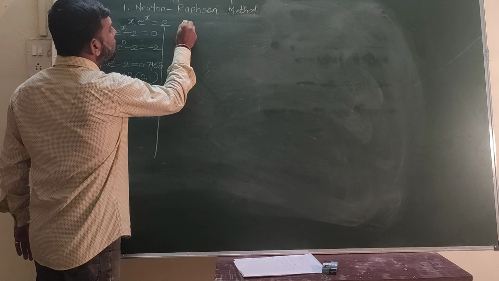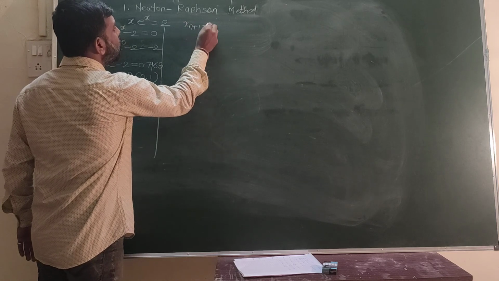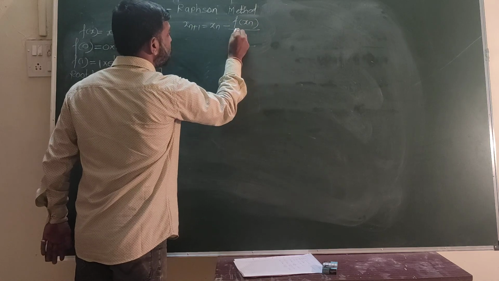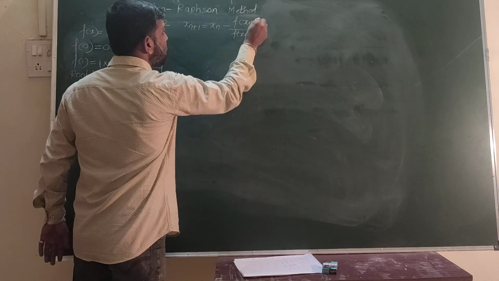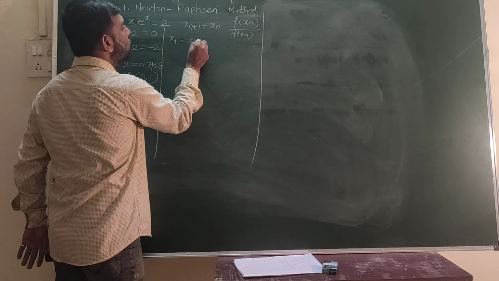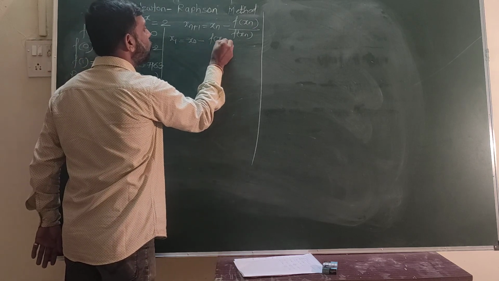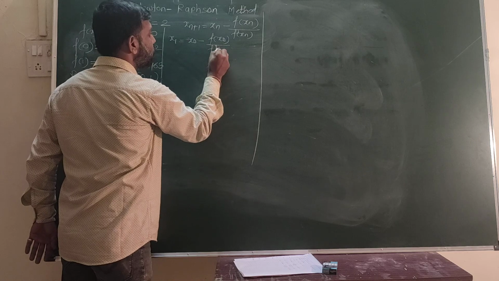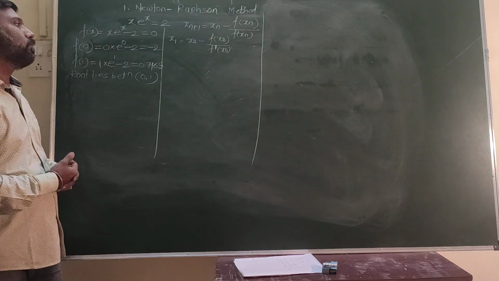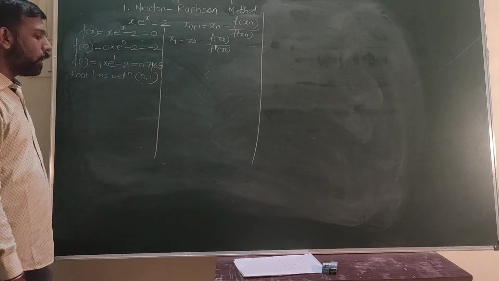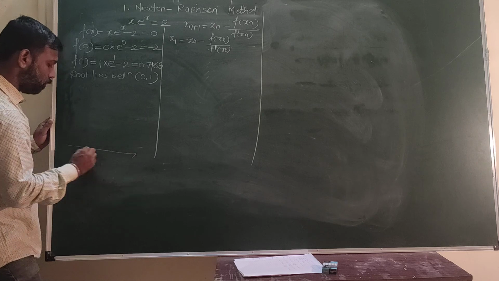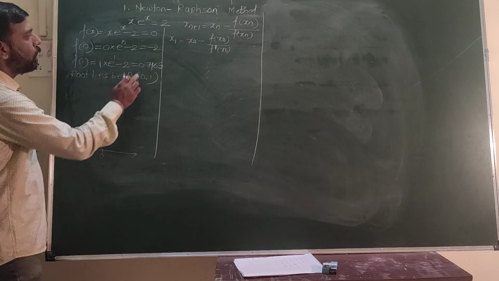So here we know the formula for Newton-Raphson: x1 equals x0 minus f of x0 upon f dash of x0. So this is the first value. For this we require x0, so we will assume x0 by comparing on the real line.